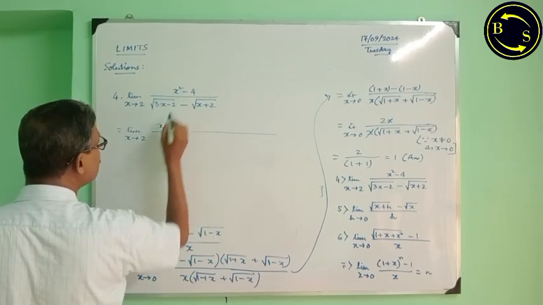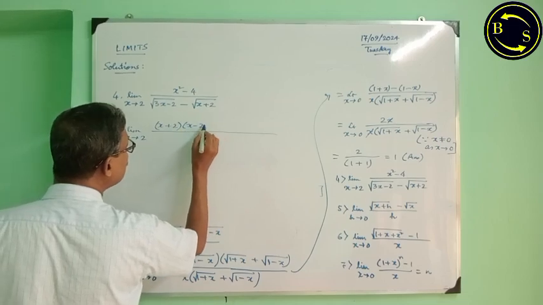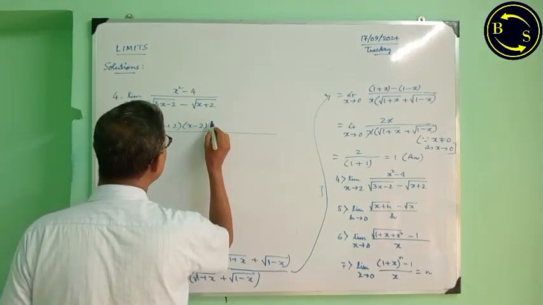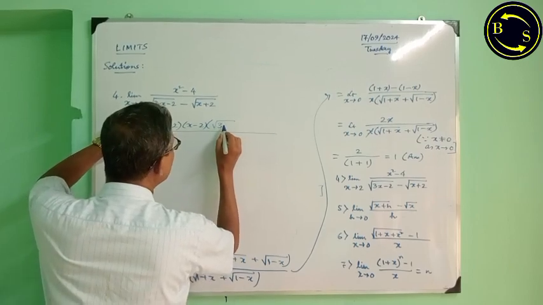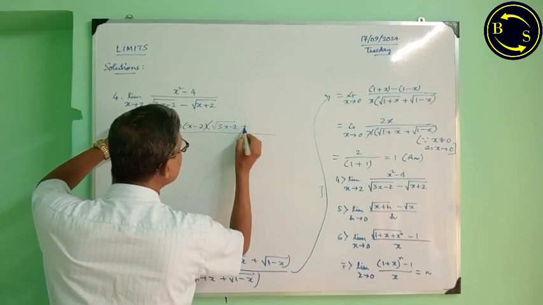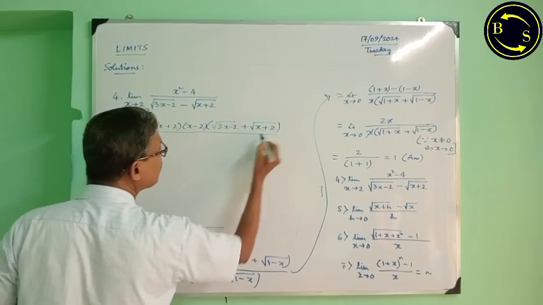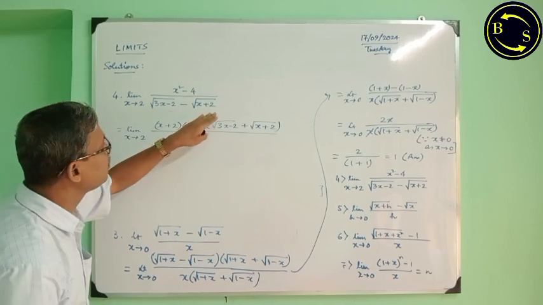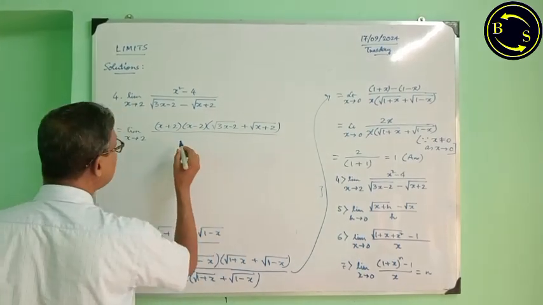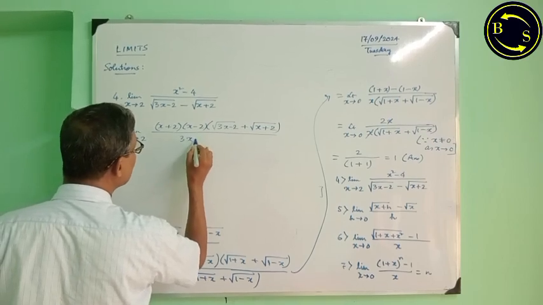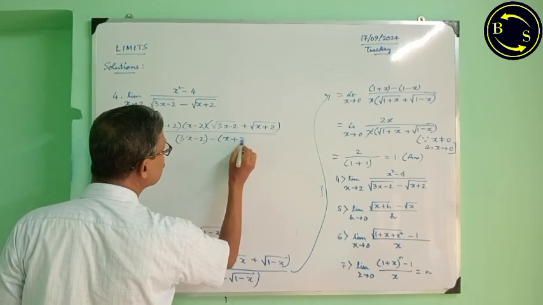I first resolve this one, x plus 2 into x minus 2, then rationalize the denominator. That means we have to multiply by root over 3x minus 2 plus root over x plus 2, and if we multiply the denominator by this expression, then the product, I am writing down directly, 3x minus 2 minus x plus 2.